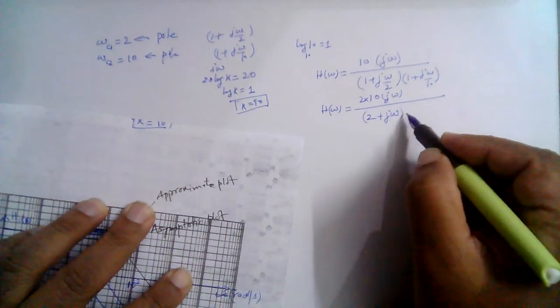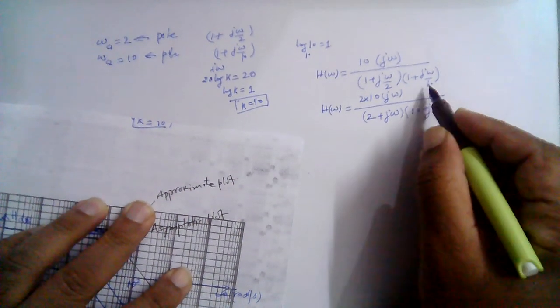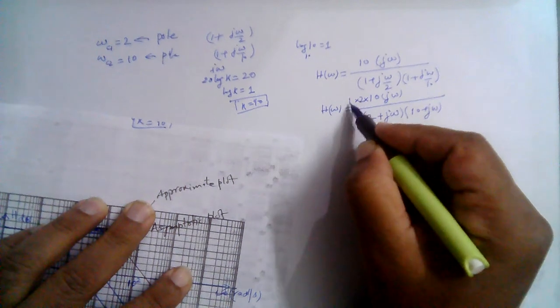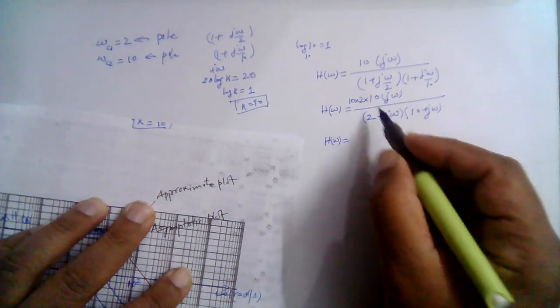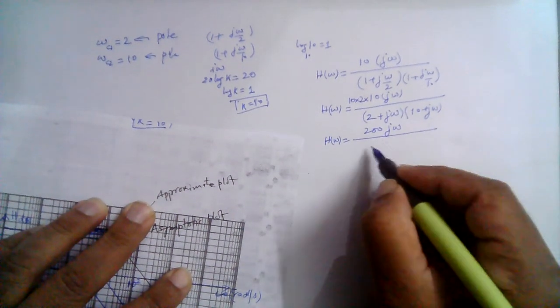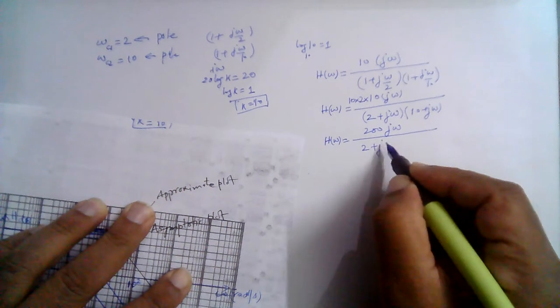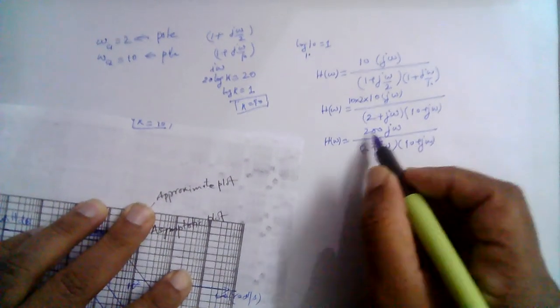Similarly we write 10 plus j omega, take the LCM, and the 10 comes here. So H of omega becomes 200 j omega divided by (2 plus j omega) into (10 plus j omega).